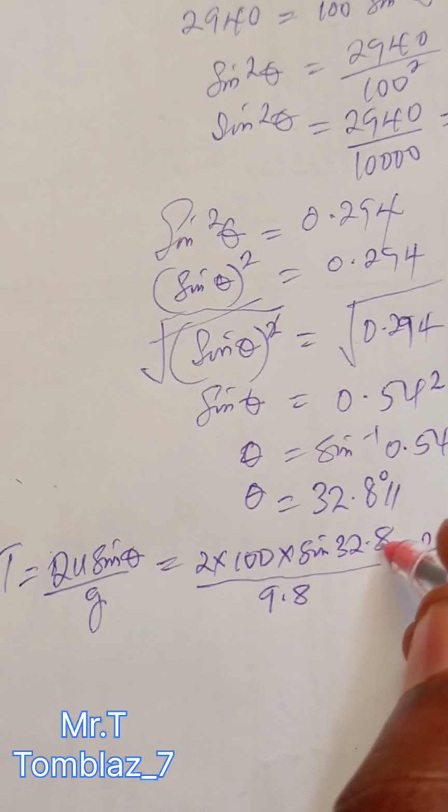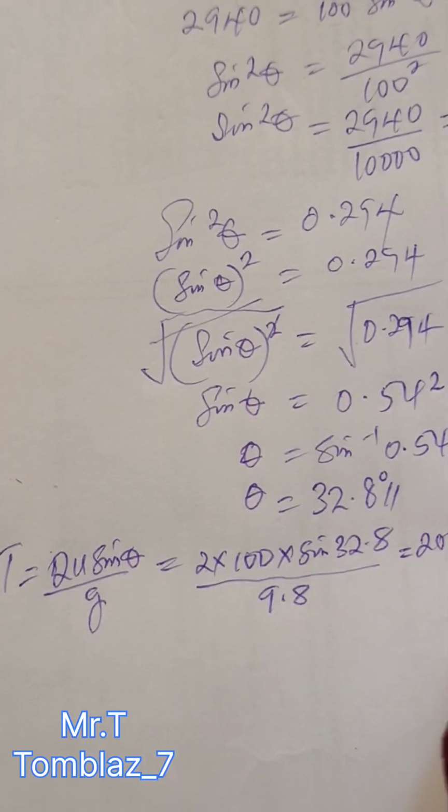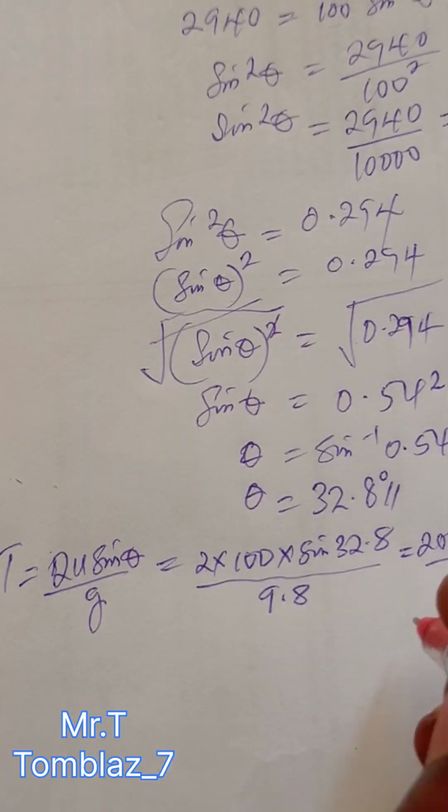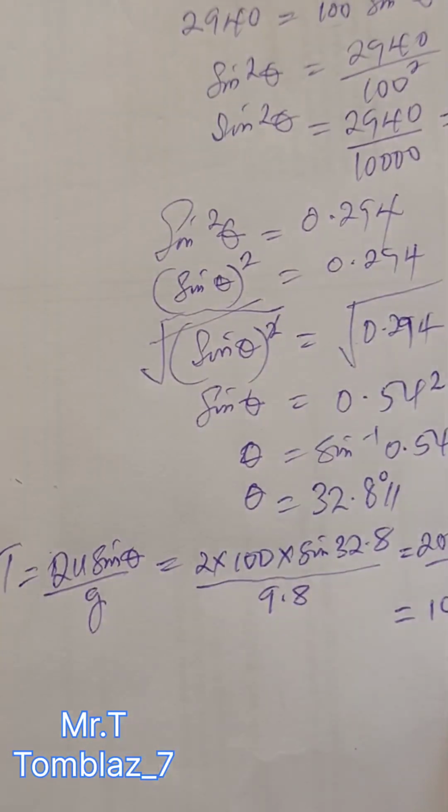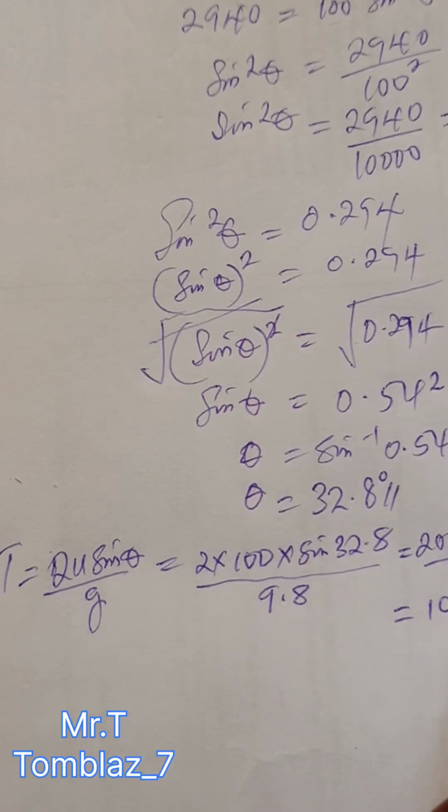Sine 32.8 is 0.5422. 2 times 100 gives 200, and 200 times 0.5422 is 108.44.